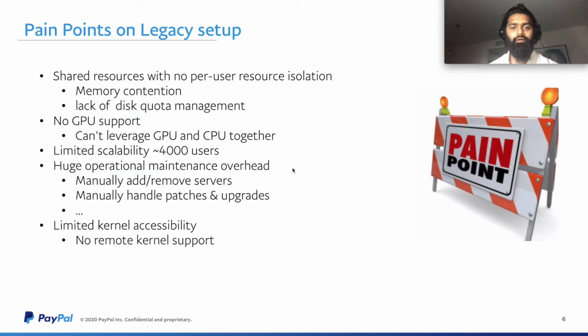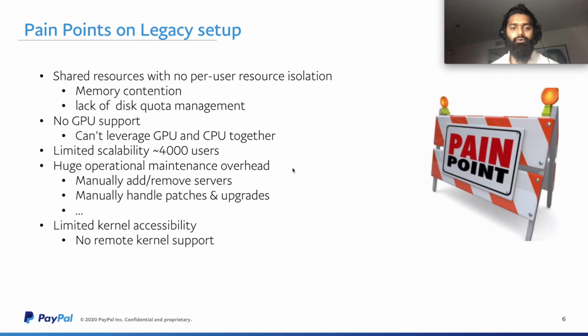Now, with this setup, we encountered a few issues which galvanized our modernization effort. We often encountered resource contention, especially in terms of memory during peak hours, and paucity of disk quota management required us to have additional housekeeping managing the disk space.